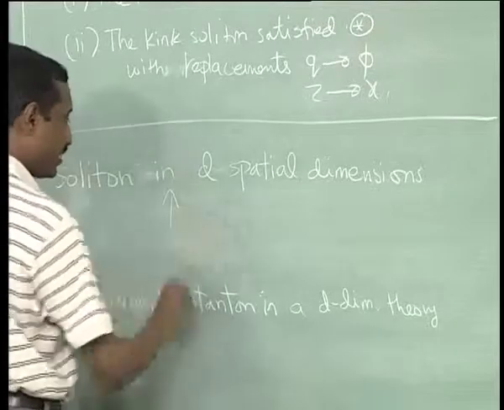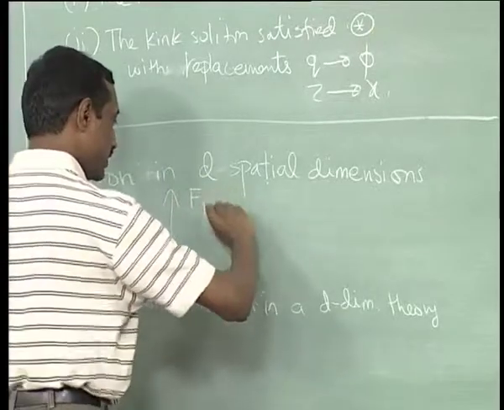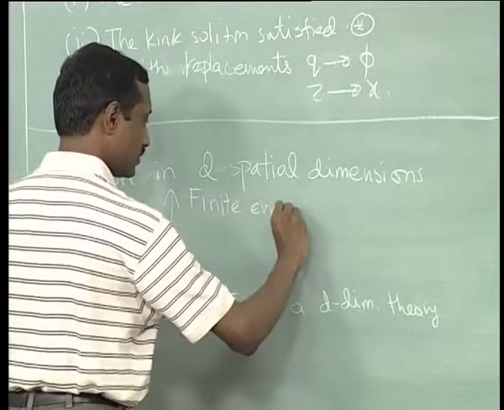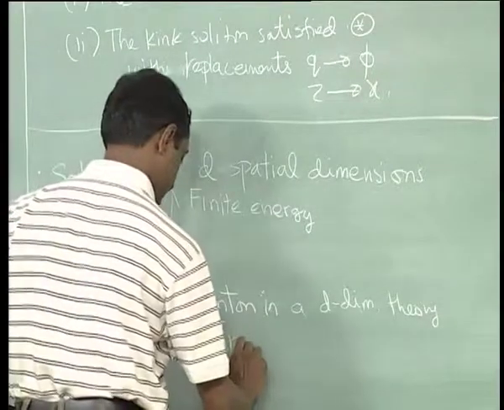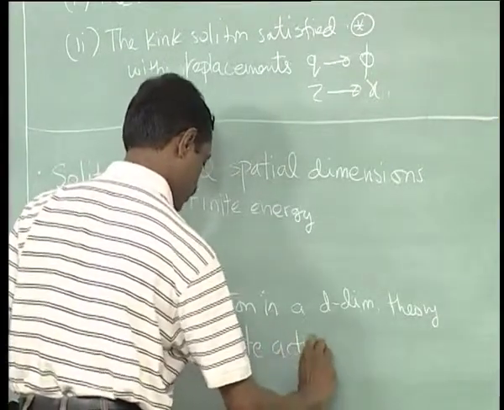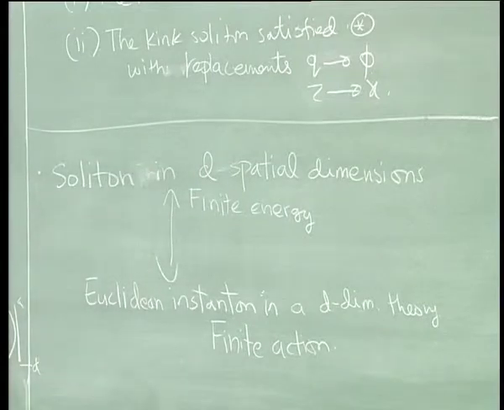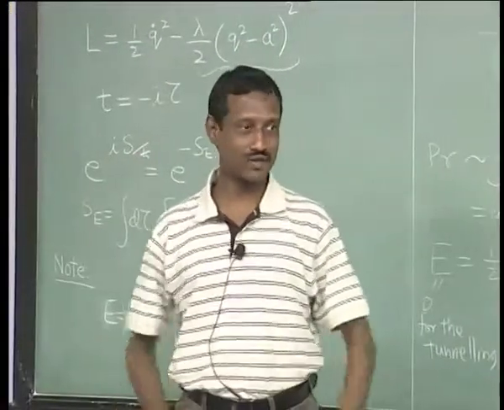So the key thing was that when you go from here, finite energy gets mapped to finite action. But the quantity you are measuring is really the same, it's just called something else. Okay. So we followed a step: we went from 0 plus 1 to 1 plus 1 to 2 plus 1 to 3 plus 1, and in some sense you would say that fine, this is the end of the story, because we live in 3 plus 1 dimensions, we are not interested in higher dimensions.